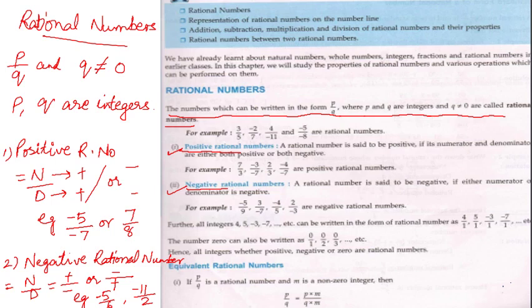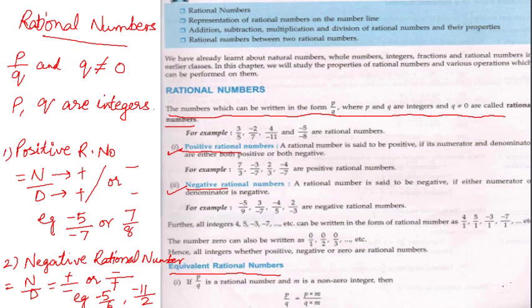Moving on to the next topic, equivalent rational numbers. Equivalent rational numbers means for a given rational number, we either multiply or divide the numerator and denominator with the same value.